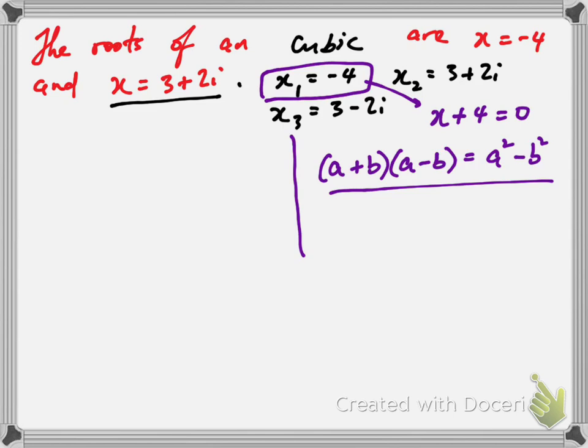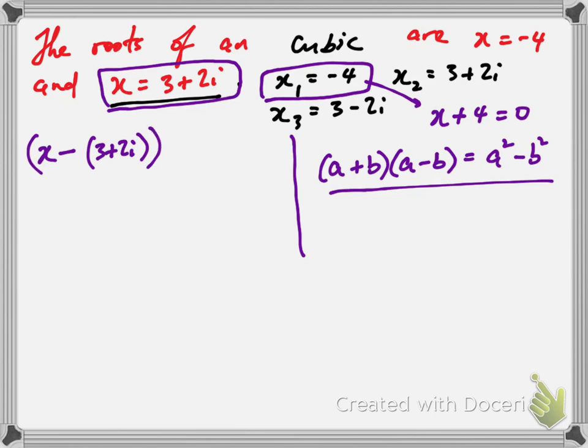Let's see if we can figure out how to go about doing the complex number scenarios. Just like we have x plus 4 equals 0 as a factor, for the complex roots we can use x minus (3 plus 2i) times x minus (3 minus 2i).